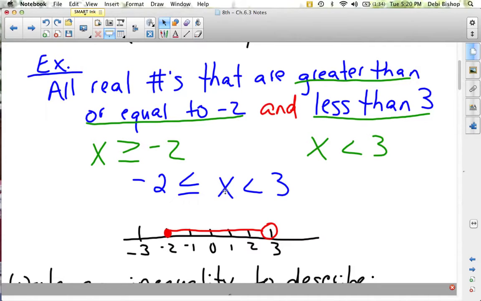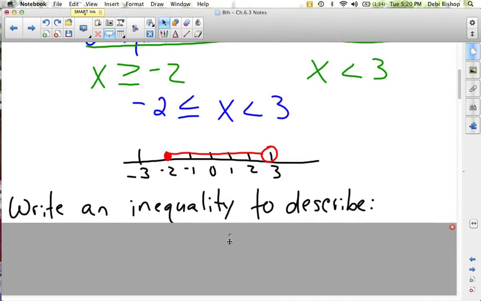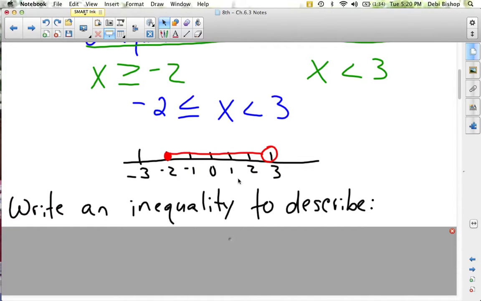So if I were to figure out what number this is going to be, well, I know on my graph it has to be greater than or equal to -2 and less than 3. So that is one way to write these inequalities together and combine them.